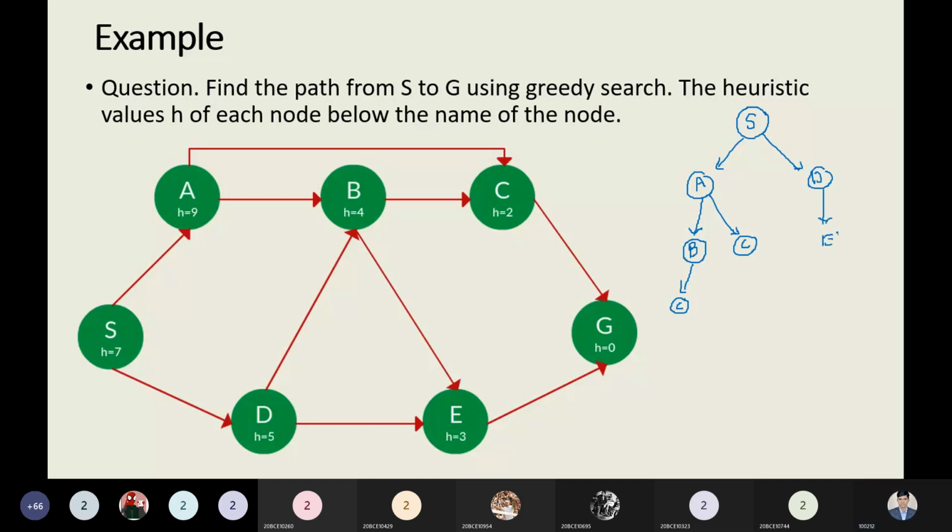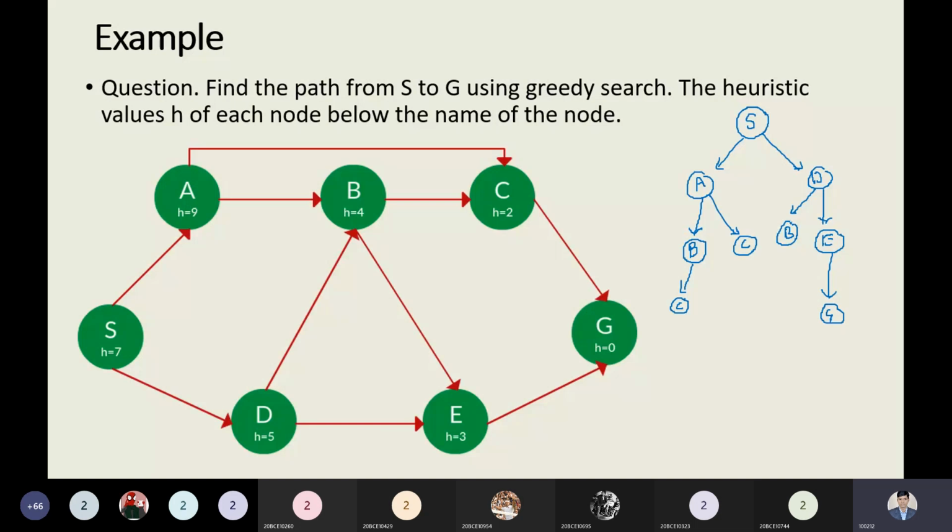And E to G, of course, this is a good one, and C to G. So B to C we have, and D to B, so D to B we have to add over here.